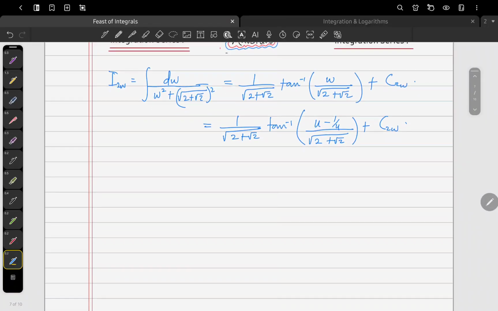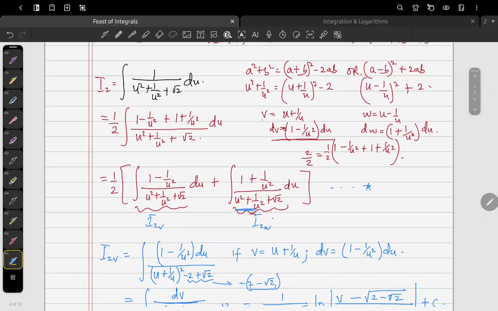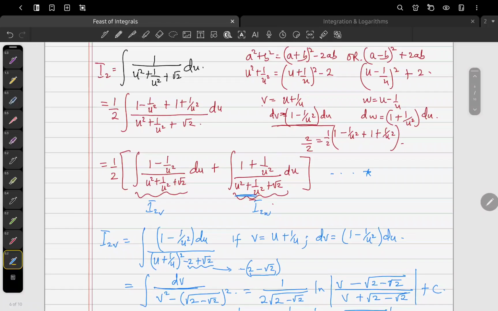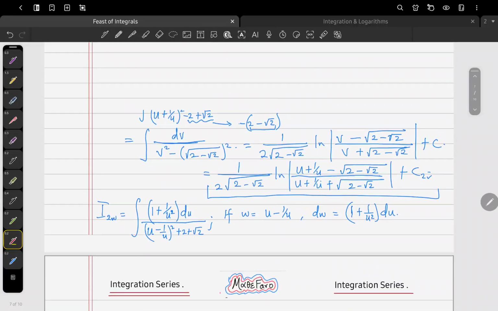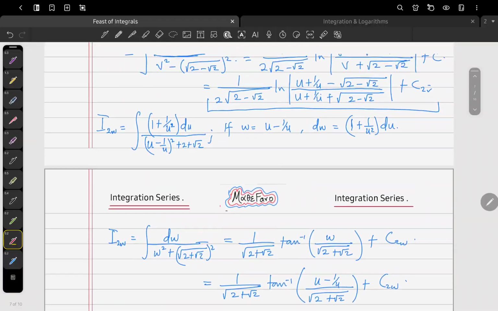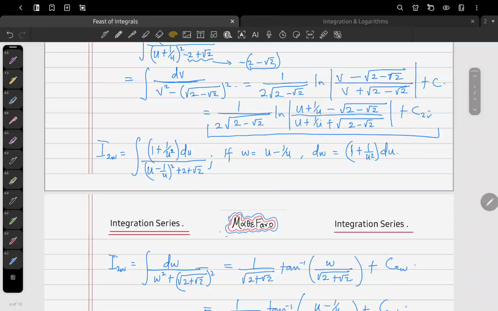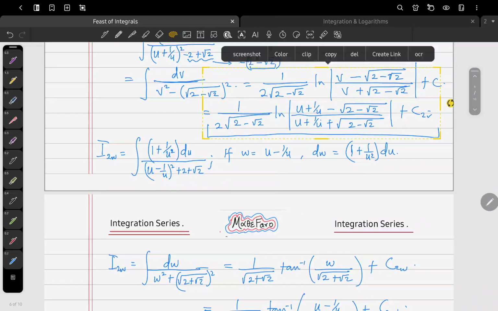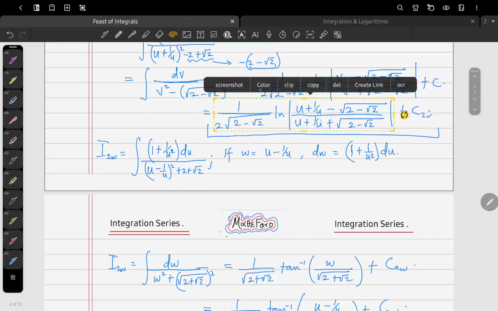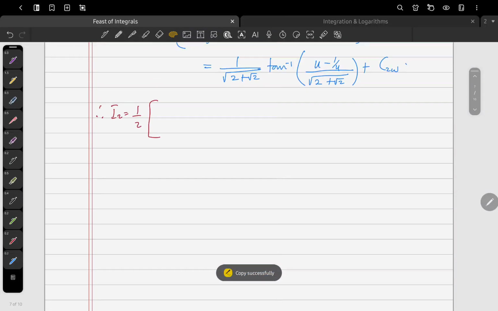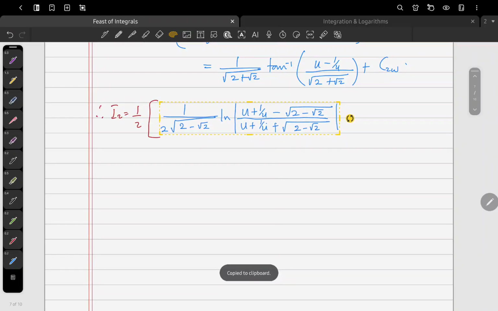Now the moment of truth. So what is I2? Therefore I2 is 1 over 2 of I2v. Where is I2v? I2v is these guys. No, let me do that again so that it doesn't copy what we don't want. Let me shrink it a little bit.